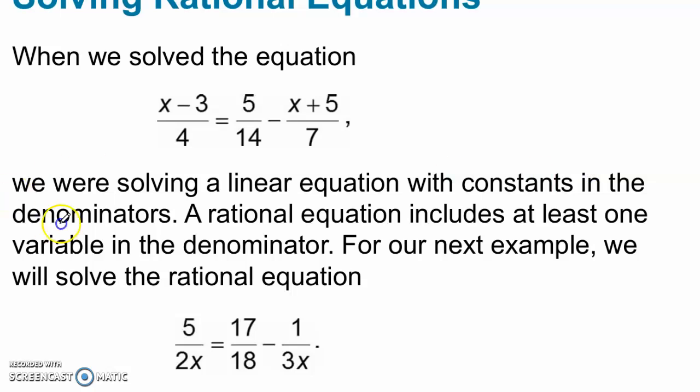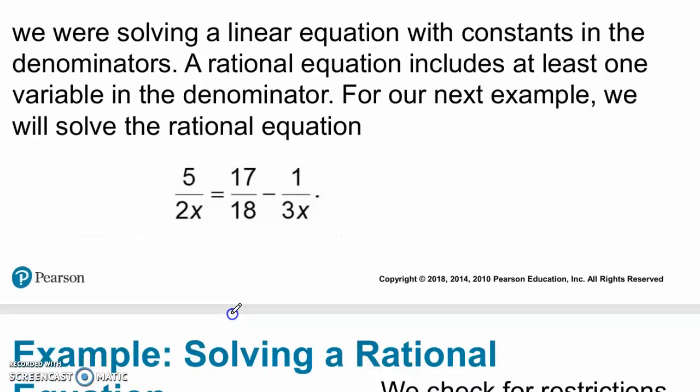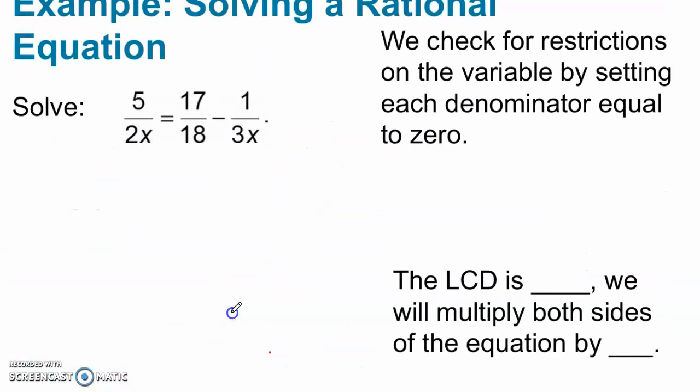These have constants in the denominators, just numbers. A rational equation is what we're looking at next, because those include at least one variable in the denominator. So if you have x in the denominator, it's considered a rational equation, and we'll treat it very similarly to what we just did, but we're going to look at solving those next.